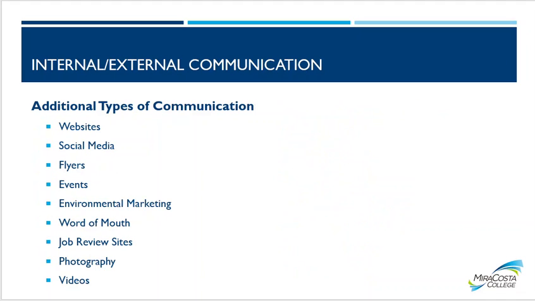There are additional types of communication, because there are so many different types now, especially as more technology comes out: websites, social media, flyers, events, environmental marketing, word of mouth, job review sites, photography, videos, and probably even a few more that aren't on this list.